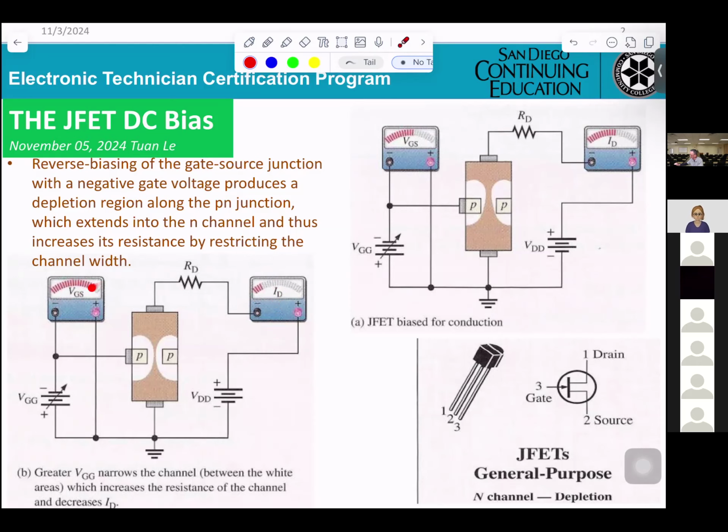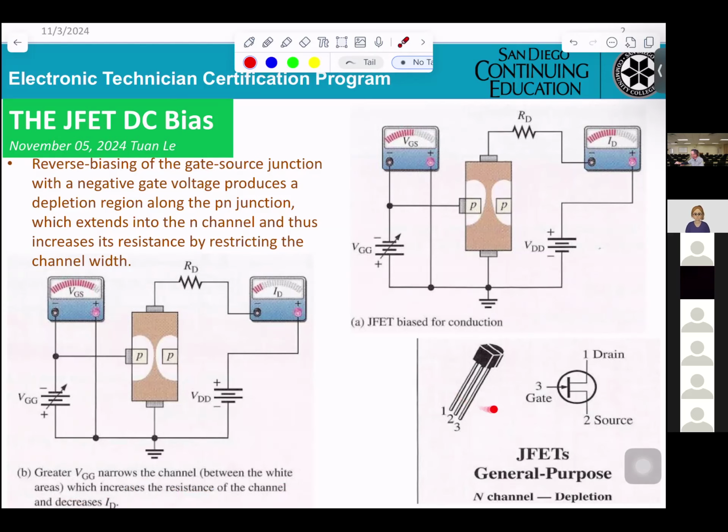So when you see more negative VGS, the current ID will be less. They say greater VGS narrows the channel between the wide area, which increases the resistance of the channel and will decrease the current ID.